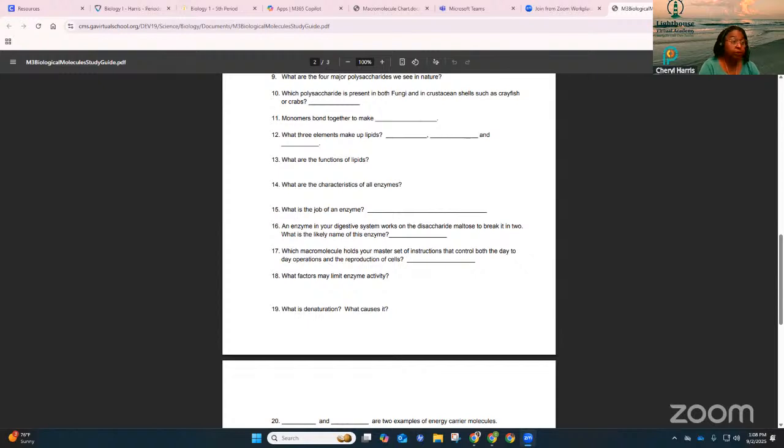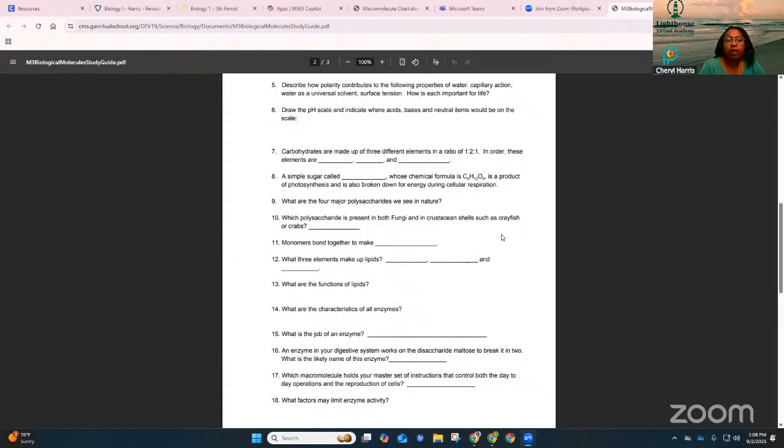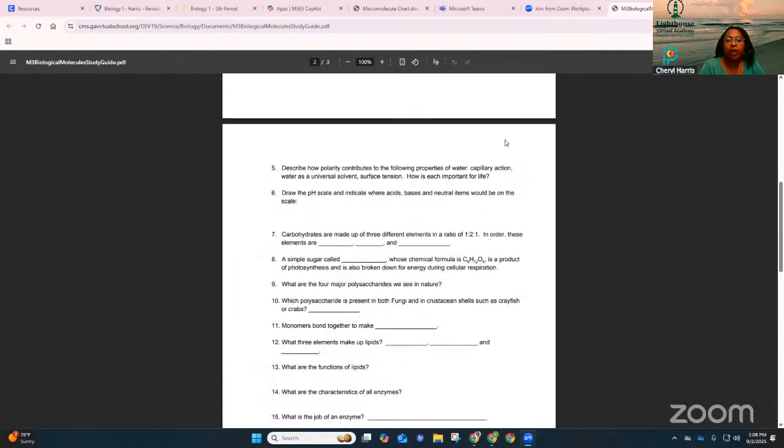Okay, I did want to touch on a couple of these. I did say that I wasn't going to ask too much about the pH scale. You don't have to draw a simple scale, do it from 0 to 14 and just label one side acids and the other side bases and neutral in the middle.